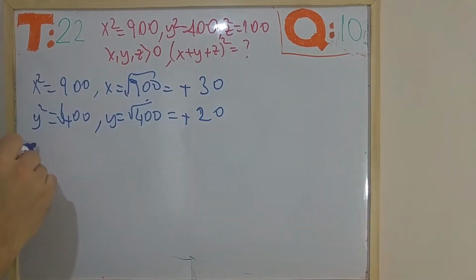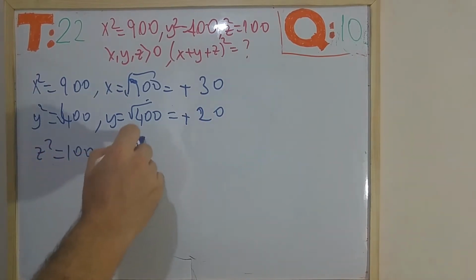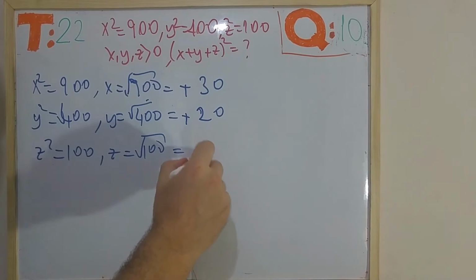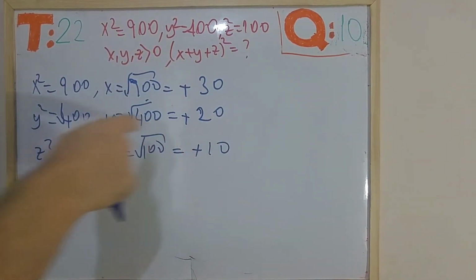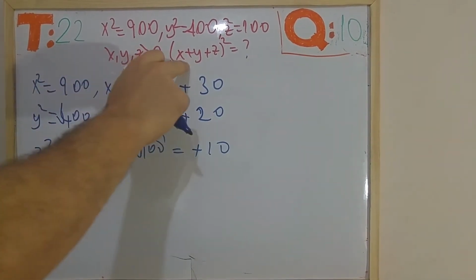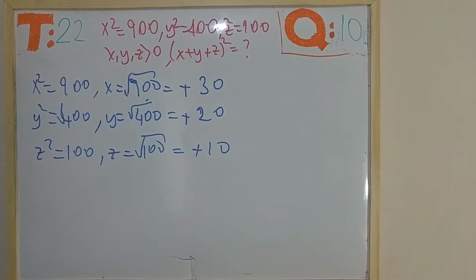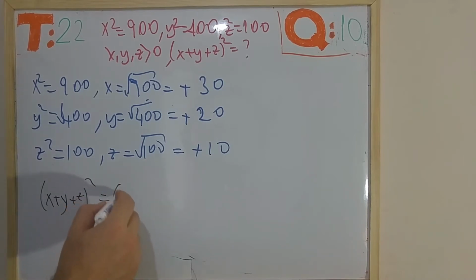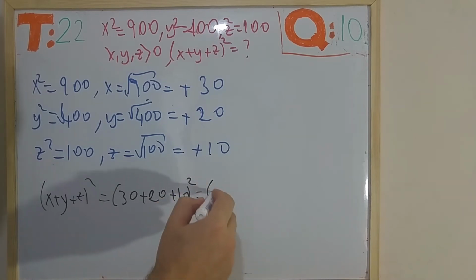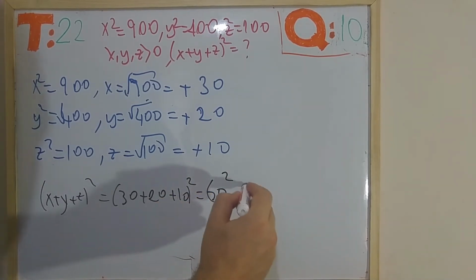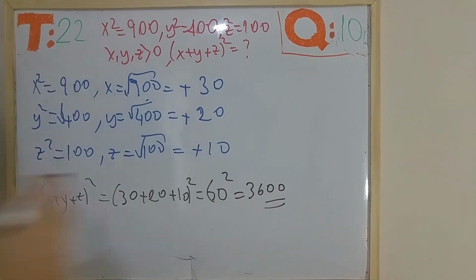And z squared is equal to 100. z is equal to square root of 100, which is equal to plus or minus 10. z being greater than 0, I don't care about the negative value neither. Now I calculate x plus y plus z squared, which is equal to 30 plus 20 plus 10 square, which is equal to 60 square, which is equal to 3600.